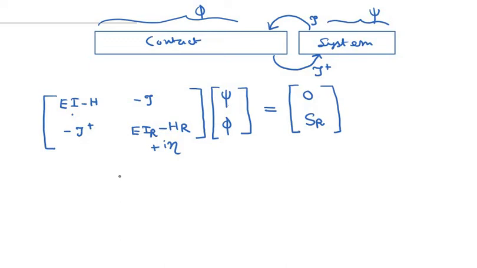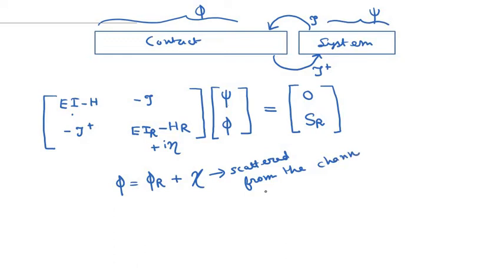Okay, and just as before, phi is equal to phi r, where phi r is the wave function of the isolated contact. Since the contact is coupled with the channel, we have another term, which is the part of the wave function that scatters from the system into the contact. So this is phi r plus x, where x is scattered from the channel into the contact.